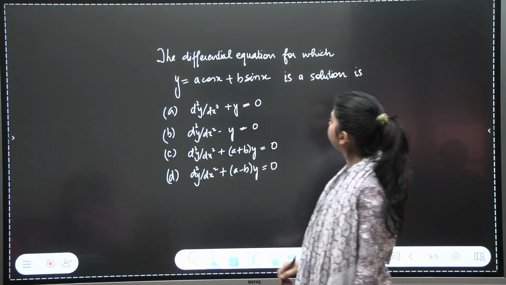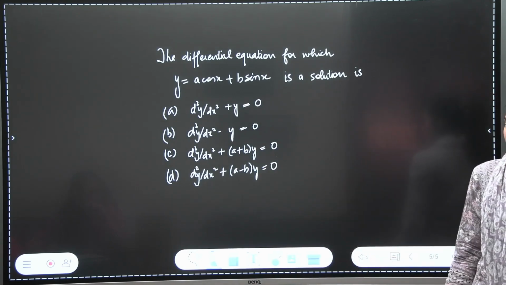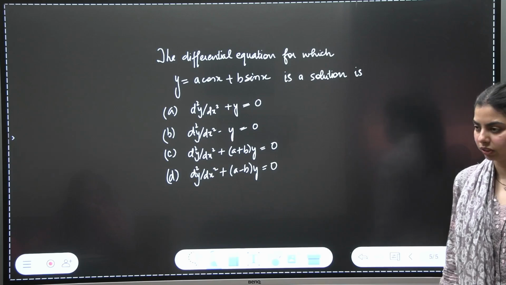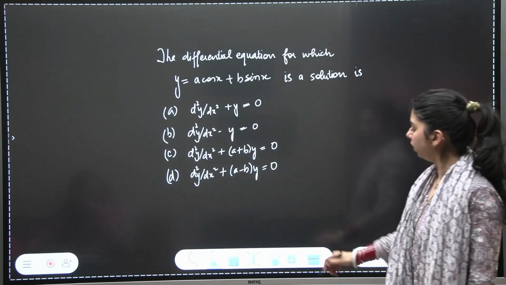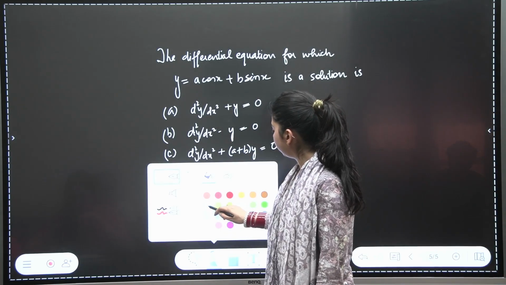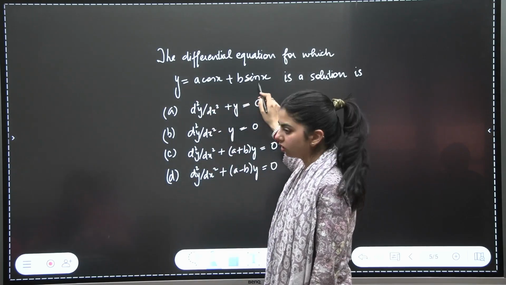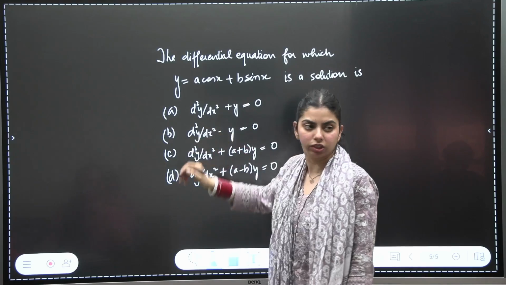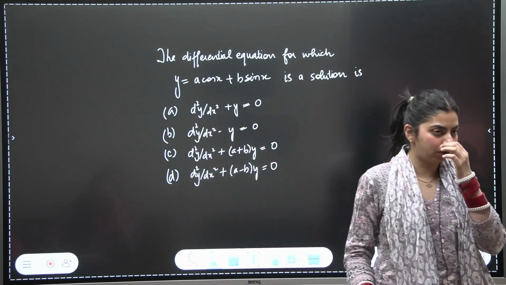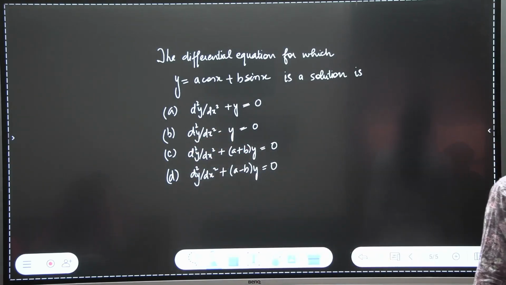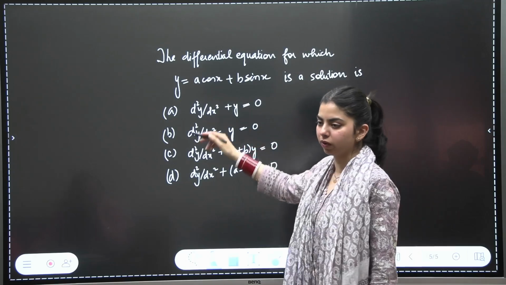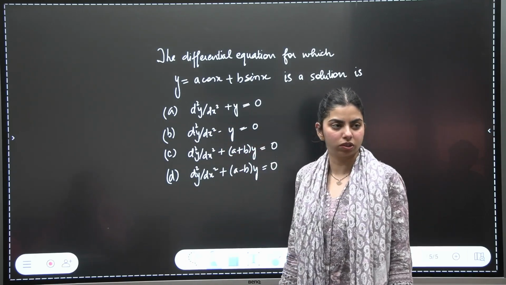The question says the differential equation for which this is a solution, right? Two ways of doing it. Number one, you can simply do the differentiation, substitute your values and check which one of the given options the equation satisfies.